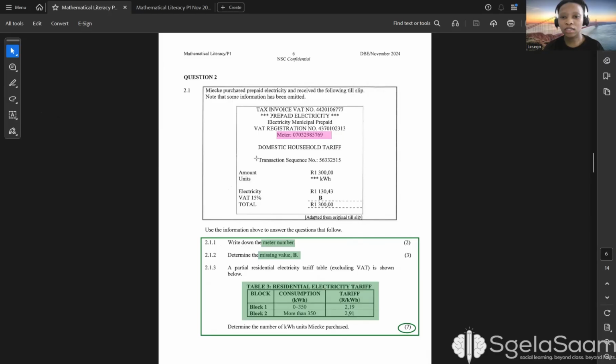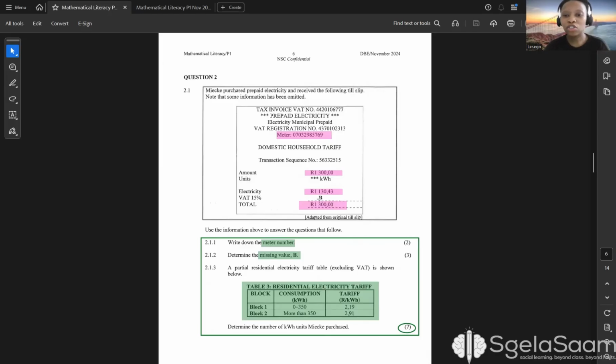But we still have to continue. The domestic household tariff, the transaction sequence is as follows, and the amount is 1,200 Rand. And the electricity amounted to 1,130.43. However, the total is more. It's 1,300.